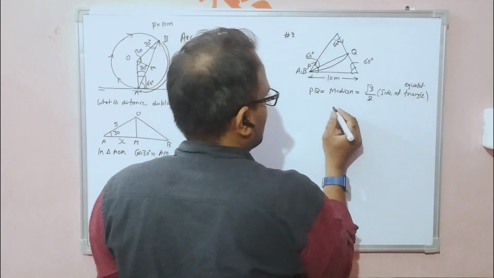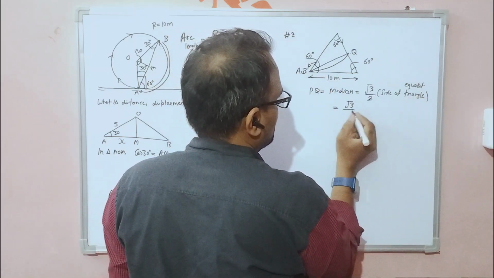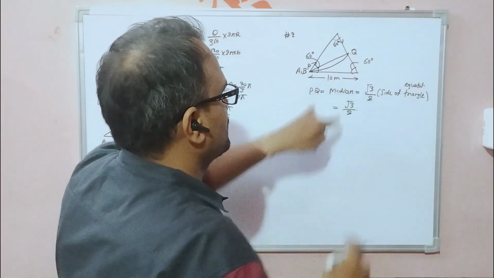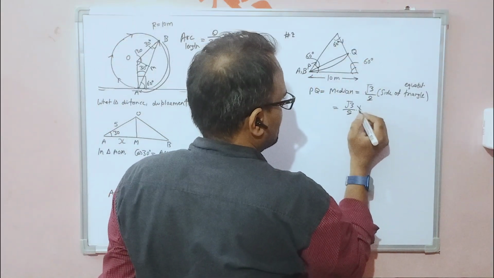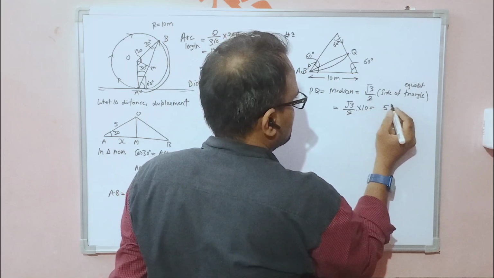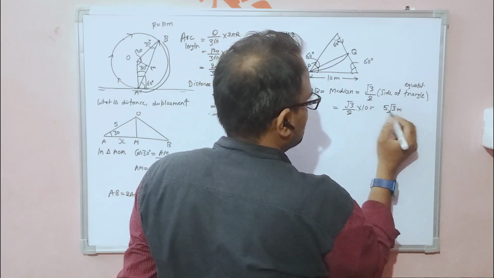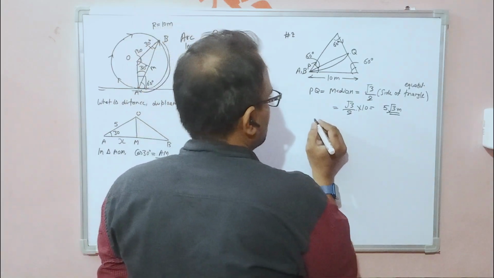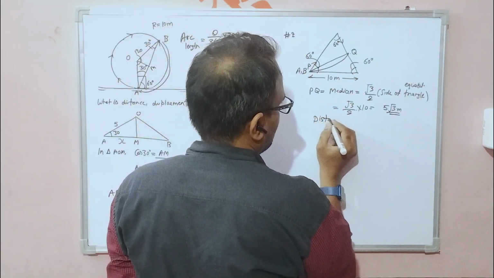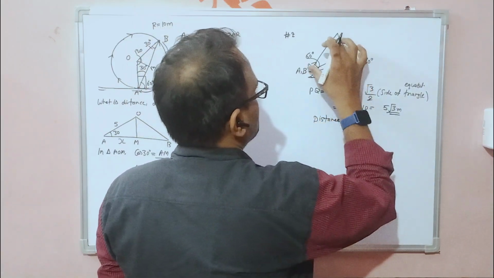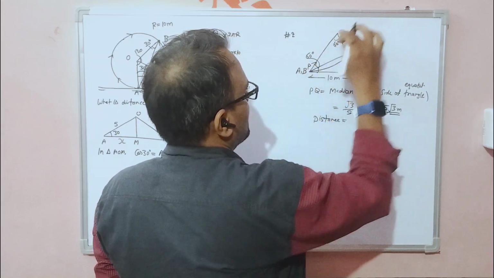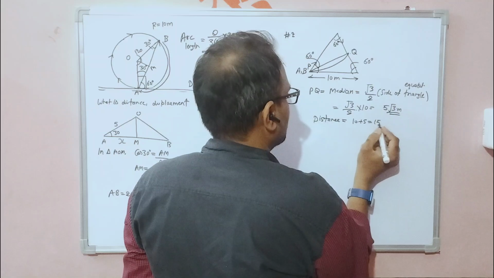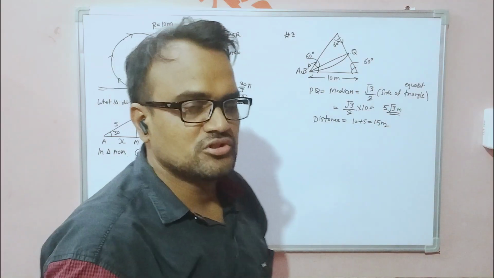So if I plug in the value, root 3 upon 2, and the side of this triangle is given as 10 meter, so each side will be equal to 10 meter, and then I will get 5 root 3 meter as the displacement, right? Now the distance: this is 10 and this is 5, so the distance is going to be 15 meter. So this is the solution of question number 2.